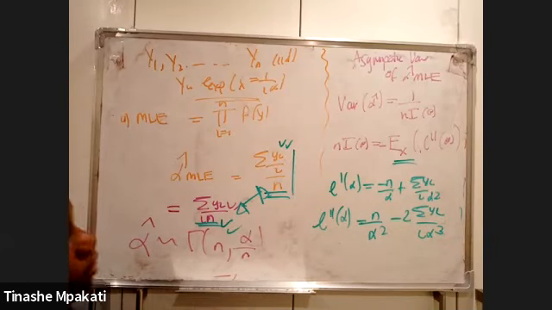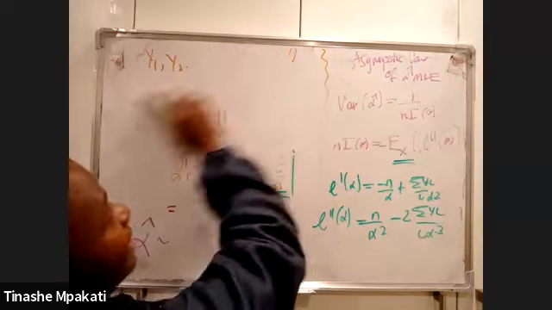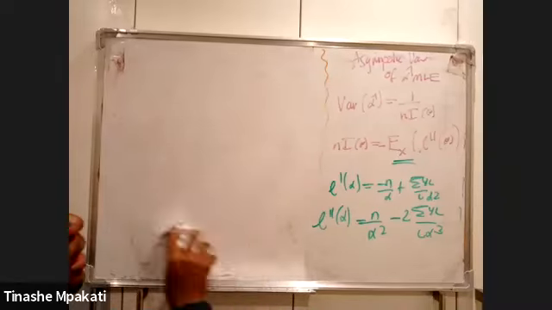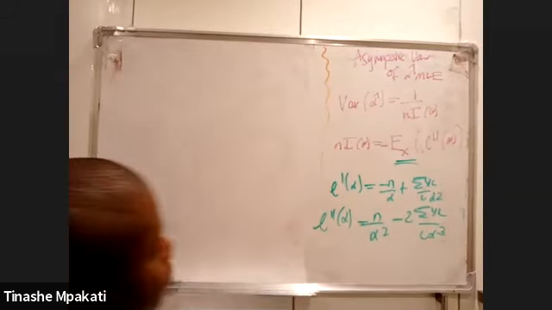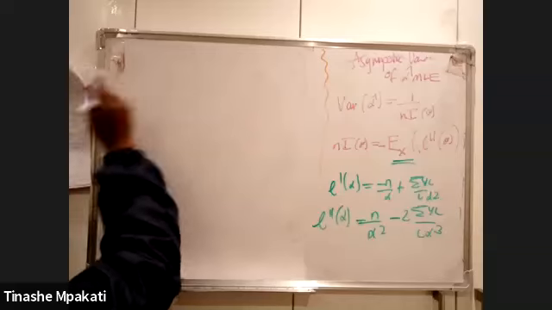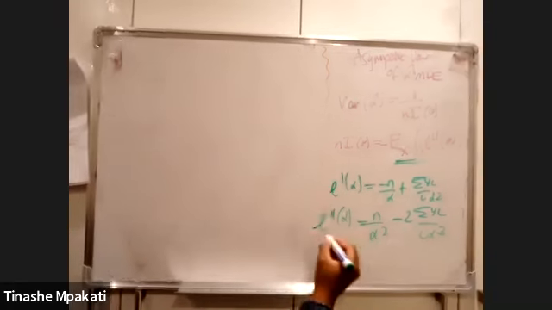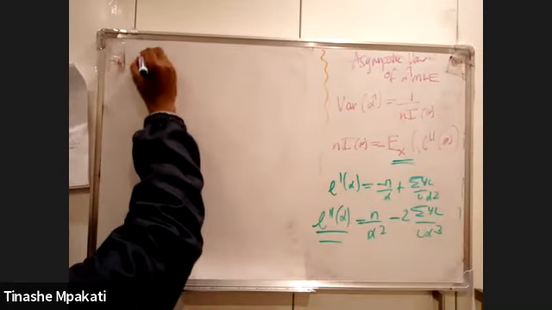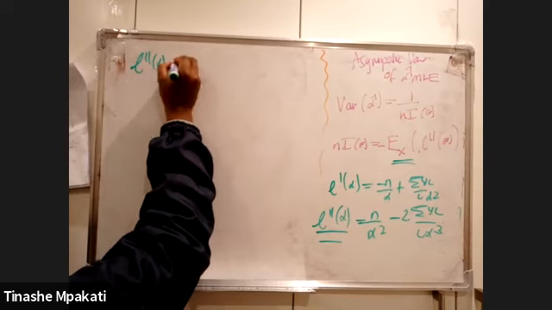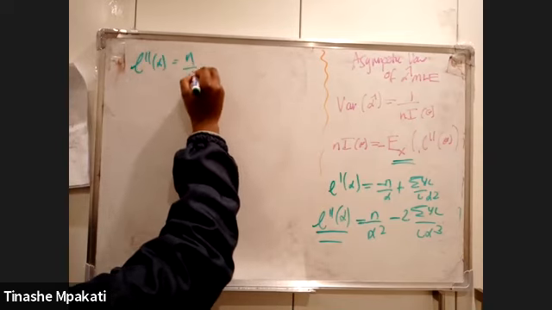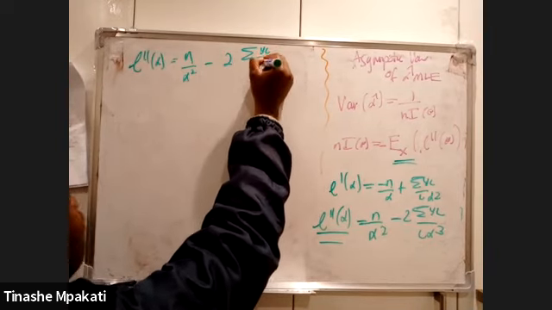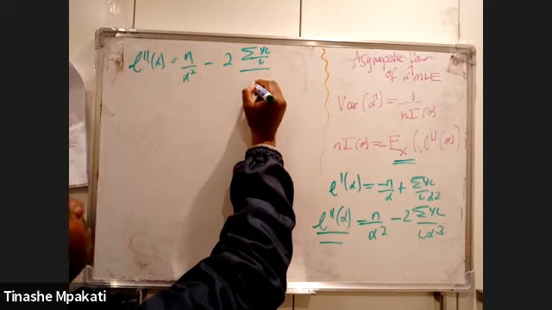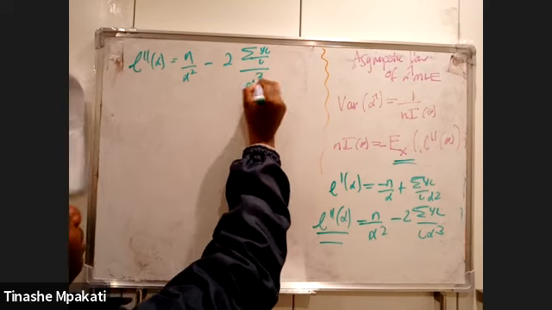And now it goes back to the reason why we write this function in that manner, in the sense that, okay, I'll quickly write it first. I'll write it down the way I'm talking about, and you can see what I mean. So instead of writing our second derivative of our likelihood function like that, I'll write this here as being n over alpha squared minus 2, the summation of yi over I, all divided by alpha to the power 3.